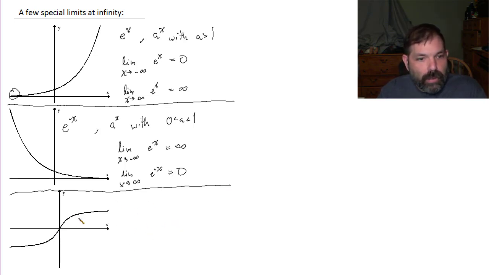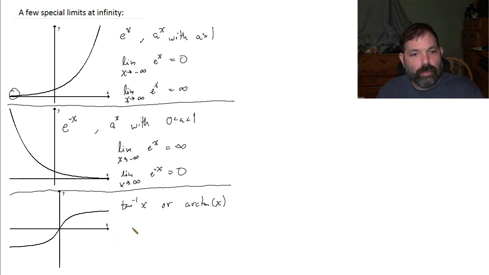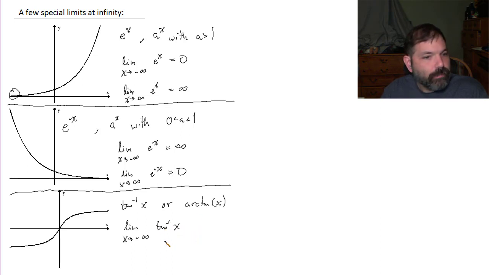And then finally, this curve is the curve arctangent x. So this is tangent inverse x, or it's sometimes written as arctan of x. And this has special limits. If you remember the graph of this function from back in your trigonometry class, the limit as x approaches negative infinity of arctangent x is negative pi over 2.